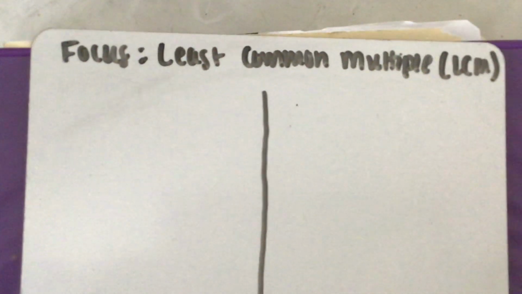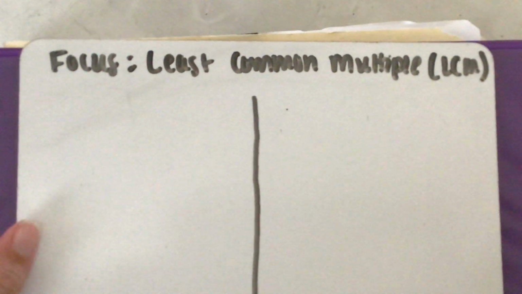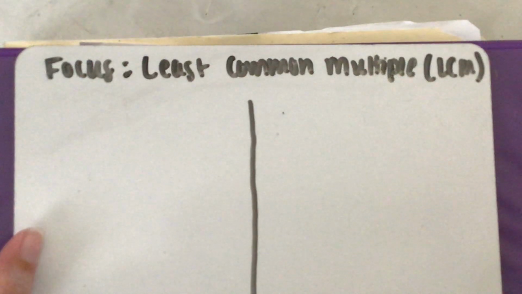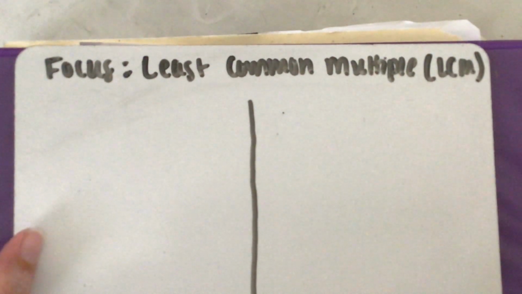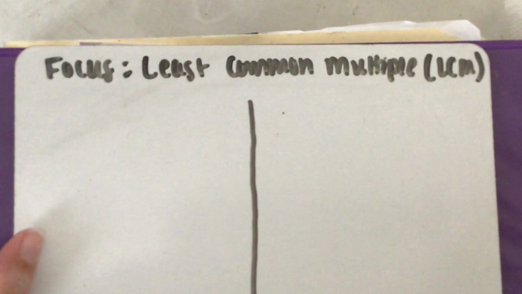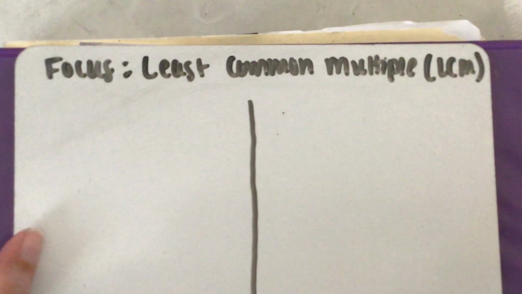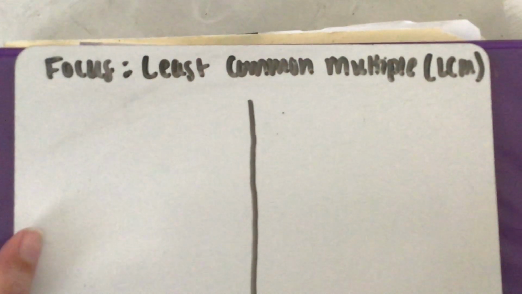All right, if I go back up, I'm going to talk about a real-world example of when I might need to find a least common multiple. The thing that I think is so silly about hot dogs is when I go to buy hot dogs, the number of hot dogs in a pack and the number of buns in a pack don't match. And I really like 1 hot dog per 1 bun, like most people would.